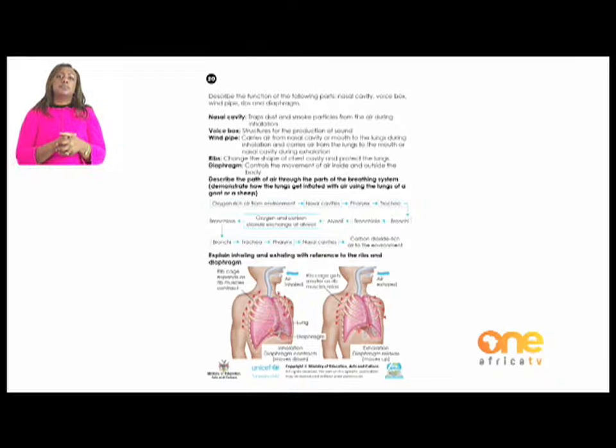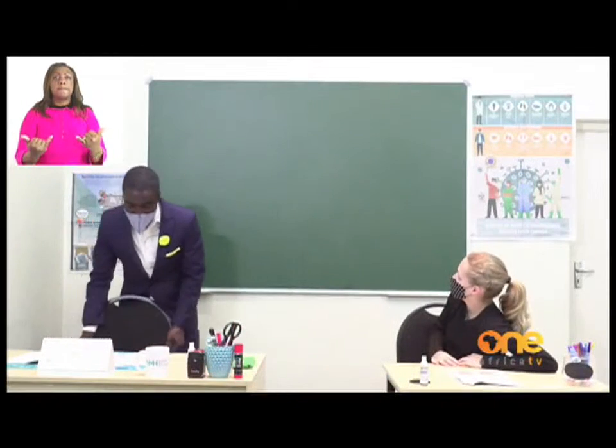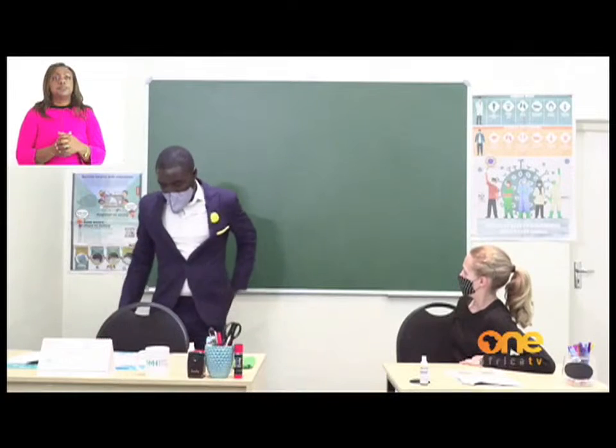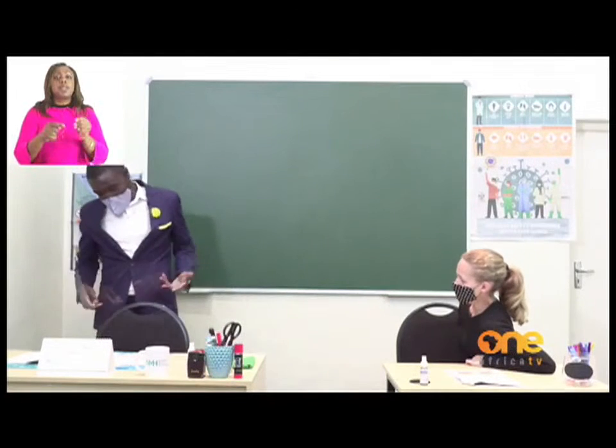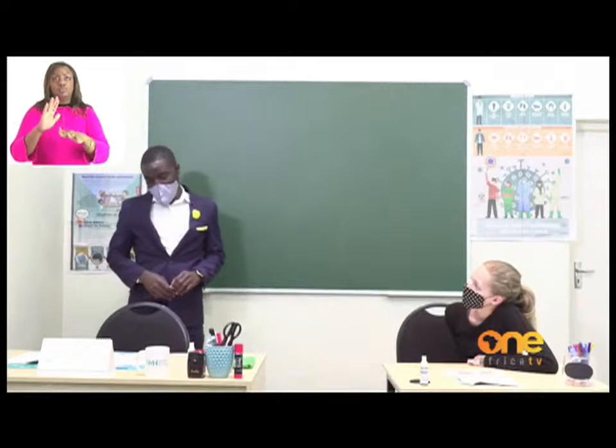Okay? We are continuing. We are going now to have a deeper explanation of the inhalation and exhalation process in reference to the ribs and the diaphragm. And then I'm going to explain this a little bit on the board. So we are going to explain inhaling and exhaling with reference to the ribs and the diaphragm.